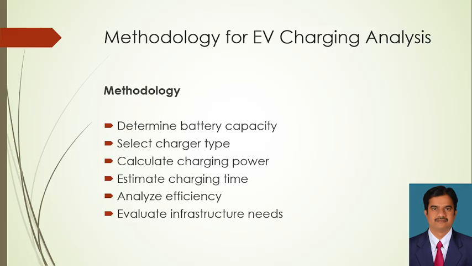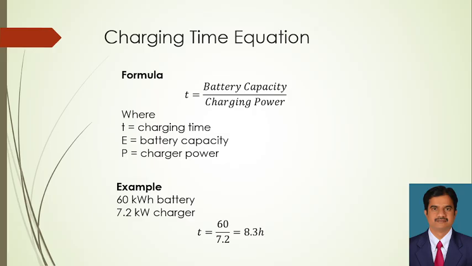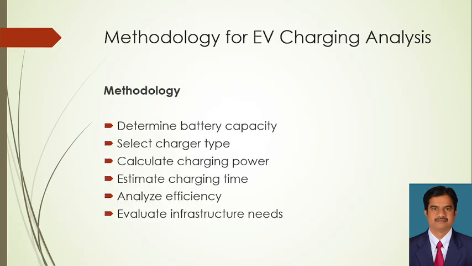If it is level 3, that is nothing but DC fast charging, less than 1 hour. And we need to analyze the efficiency, then we need to evaluate infrastructure needs. So what I said, the charging time is very important here, because all the research going on nowadays on the battery is mainly on the charging time.